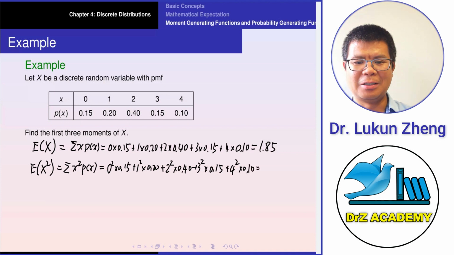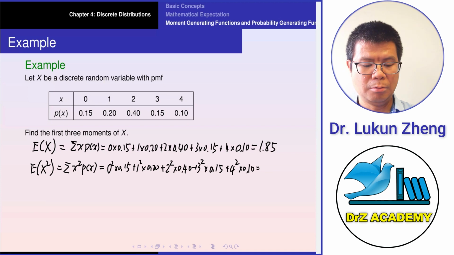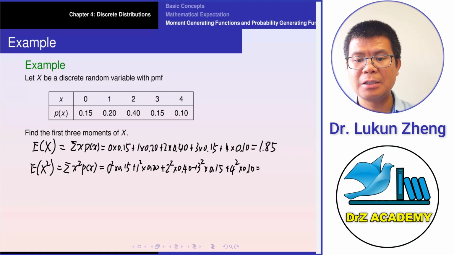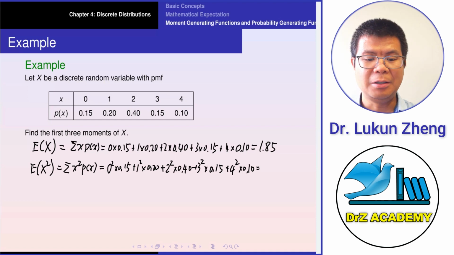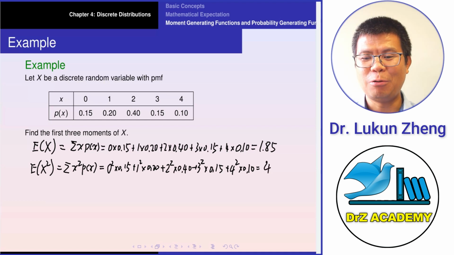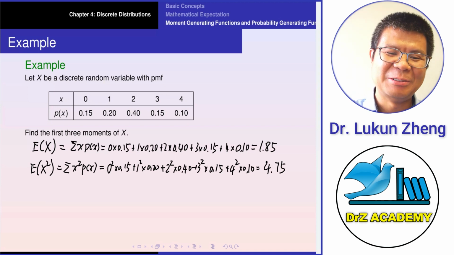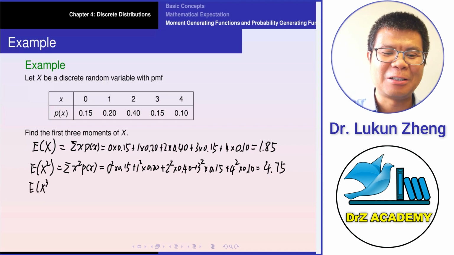Alright, so let's do this. 0.2 plus 1.6 plus 9 times 0.15 plus 1.6. Alright, so I found this one is 4.75. Okay, so the third one, the expectation of X cubed, is going to be the summation of x cubed times p of x.